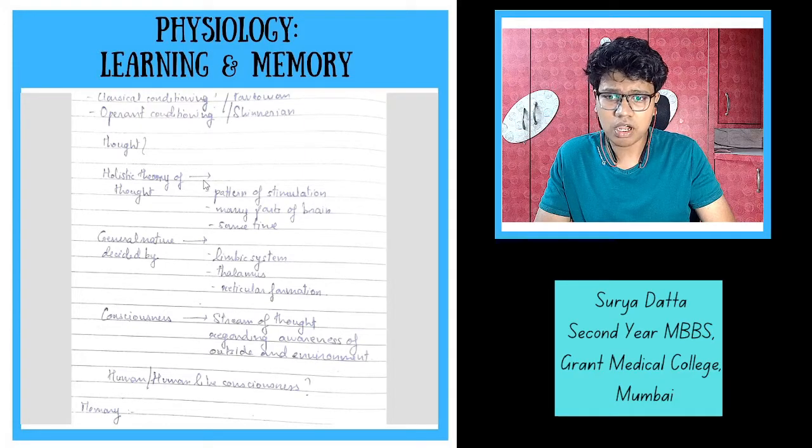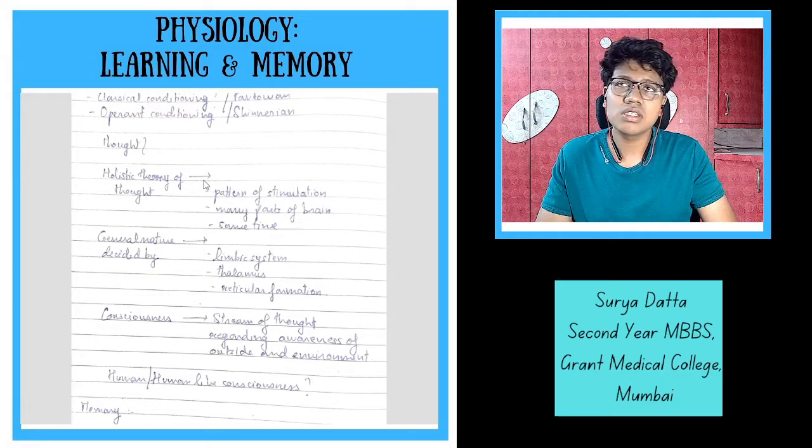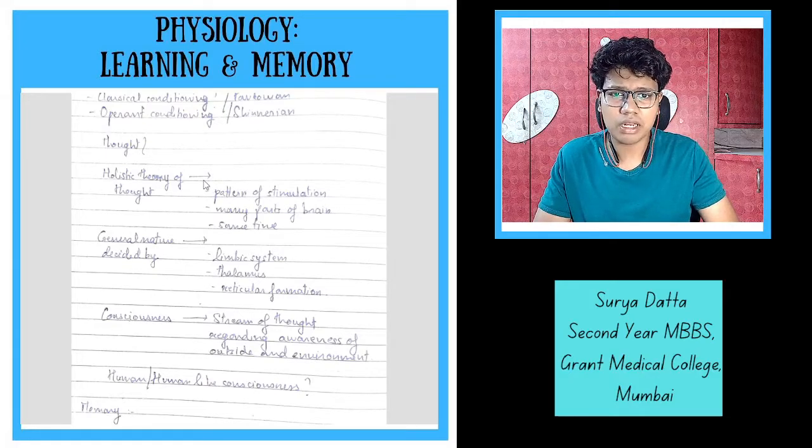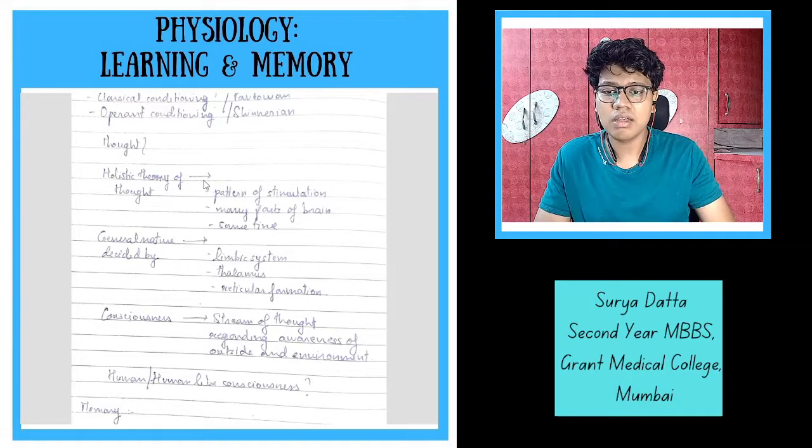Holistic theory of thought is basically that thoughts occur because the cerebral cortex, the thalamus, the reticular formation of the brain, and all these areas fire simultaneously and create a pattern. When you're thinking about noodles, your brain has a certain firing pattern. When you're thinking about dogs, a separate pattern. You think about dogs eating noodles, a separate pattern again.